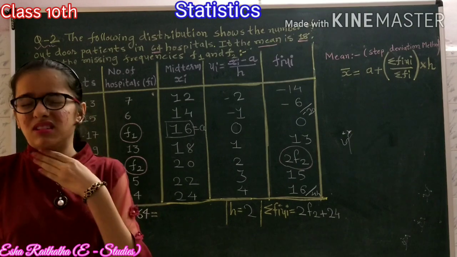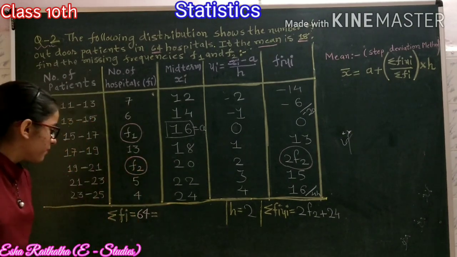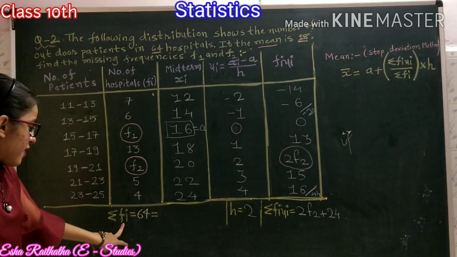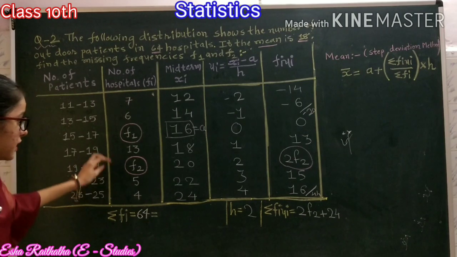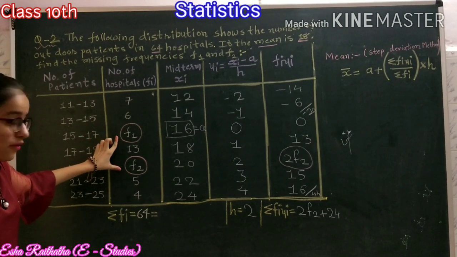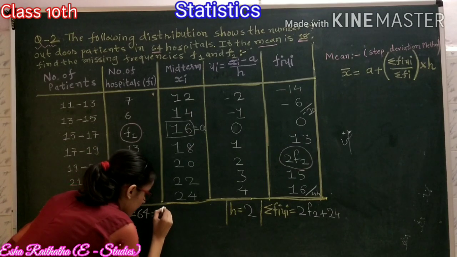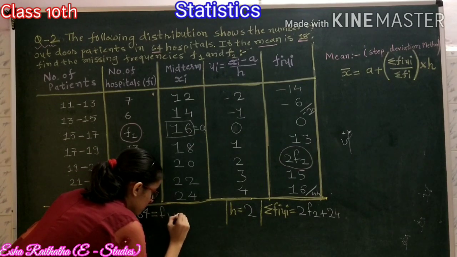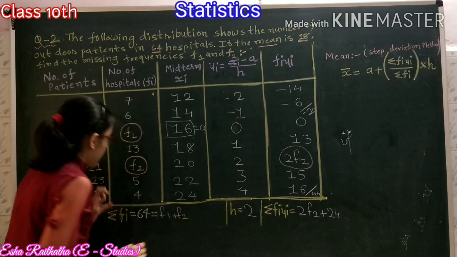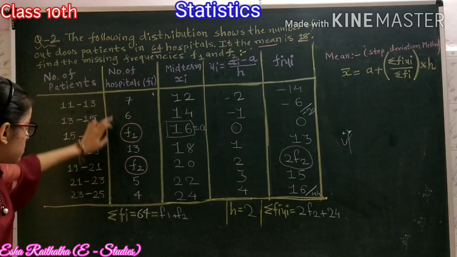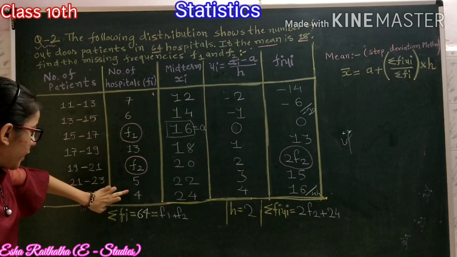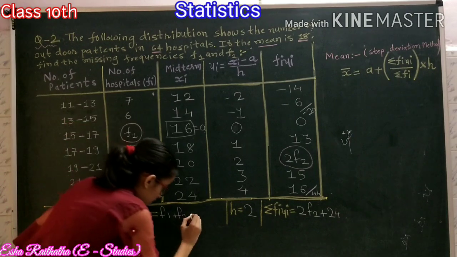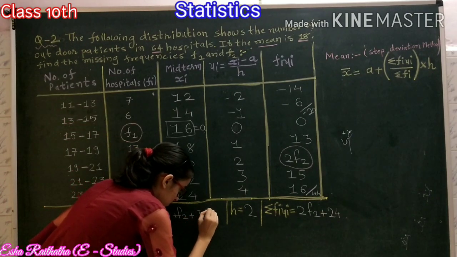Now comes the turn of sigma Fi. Sigma Fi is equal to 64. But here we have F1 and F2, so first we write F1 plus F2, and now we add the other values. So it will be 35 plus 30.